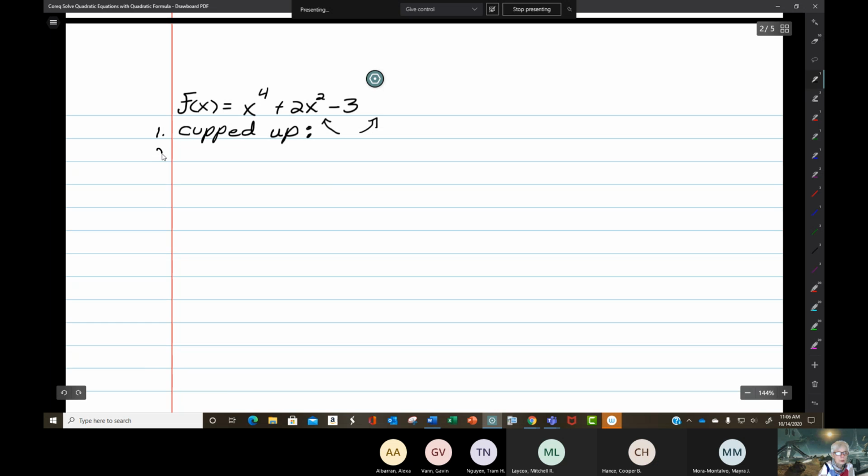Now, 2, why? I should say why again first in case anybody missed it. The leading term is of even degree. 4 is an even number. Even means 2 goes into it evenly. So the leading term is of even degree.